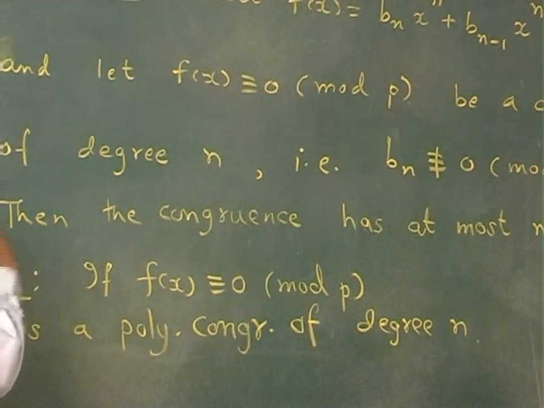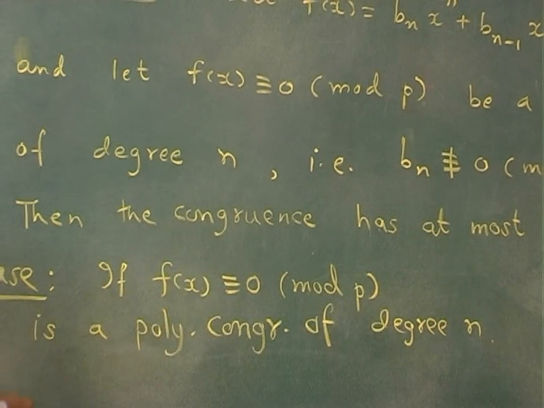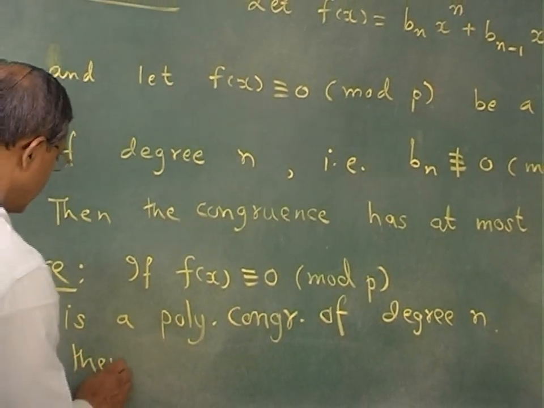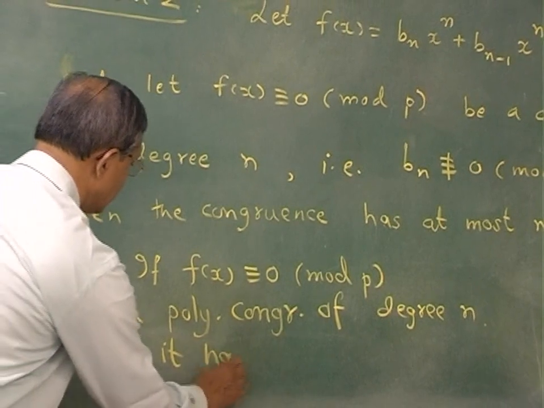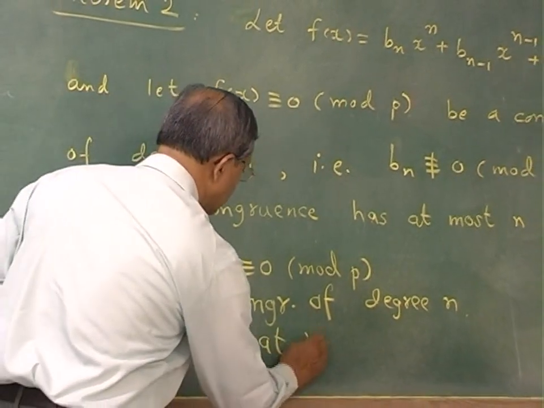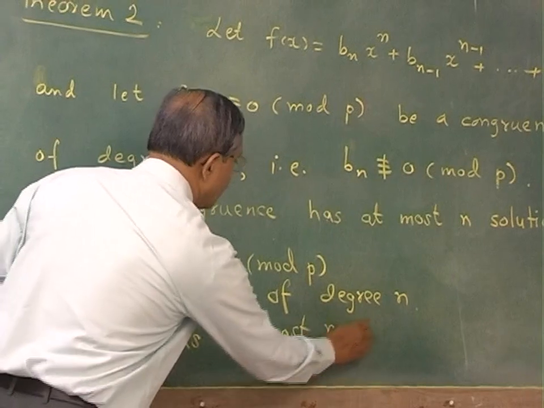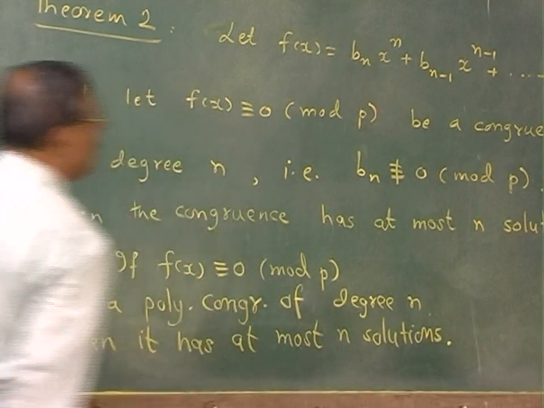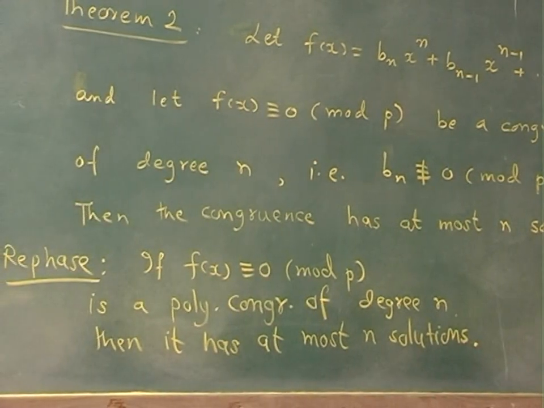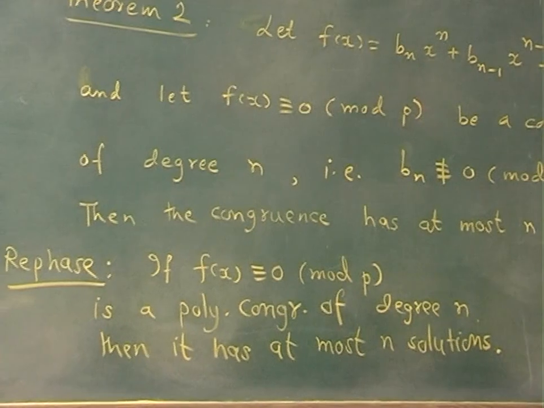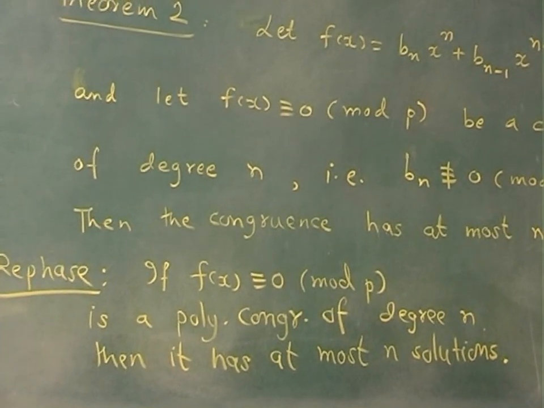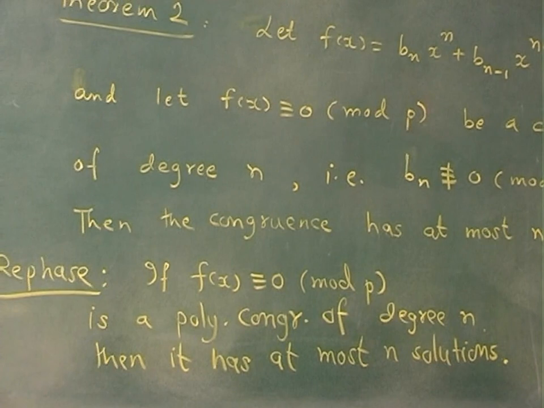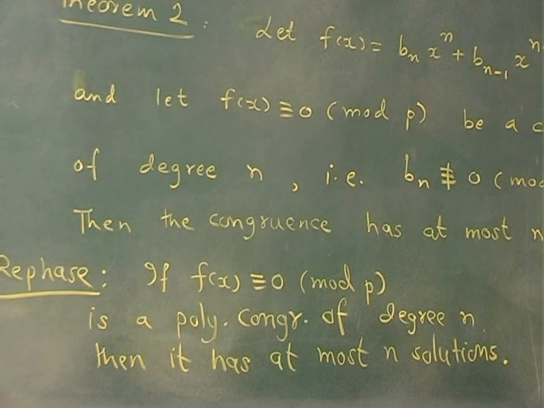The degree of the polynomial may be higher, but the degree of the polynomial congruence is n. Then it has at most n solutions. This is true when the congruence is with respect to a prime modulus, but as we know from examples, this is not true for congruences with composite modulus.